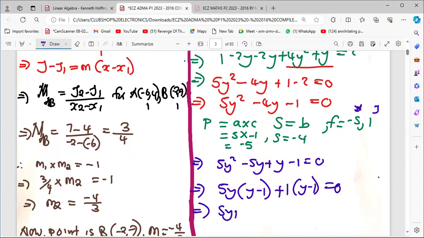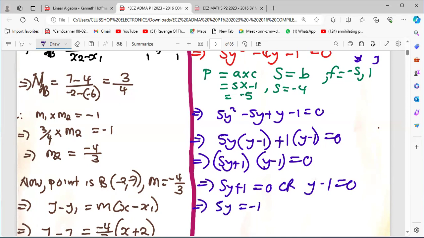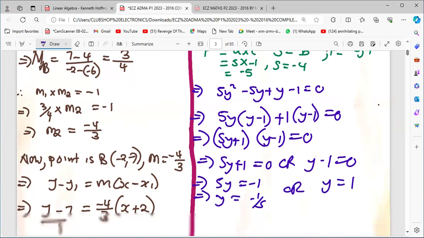So (5y plus 1)(y minus 1) is equal to 0. Then you say 5y plus 1 is equal to 0, or y minus 1 is equal to 0. So 5y will be equal to -1. Therefore, y will be equal to -1/5, or y is equal to 1.